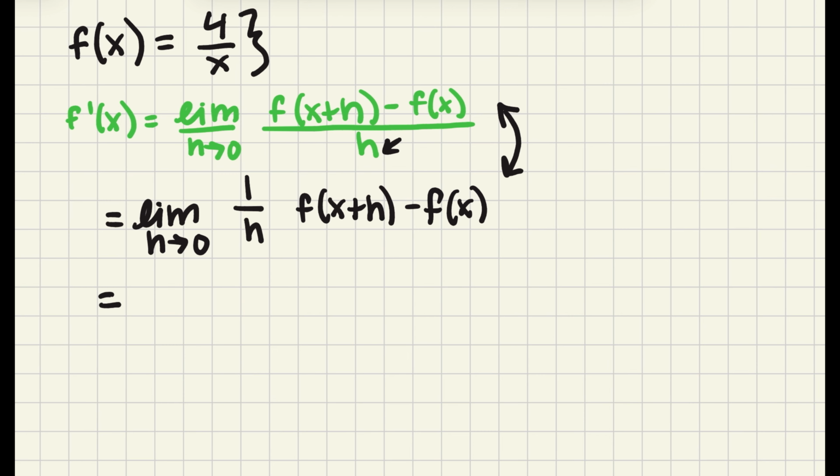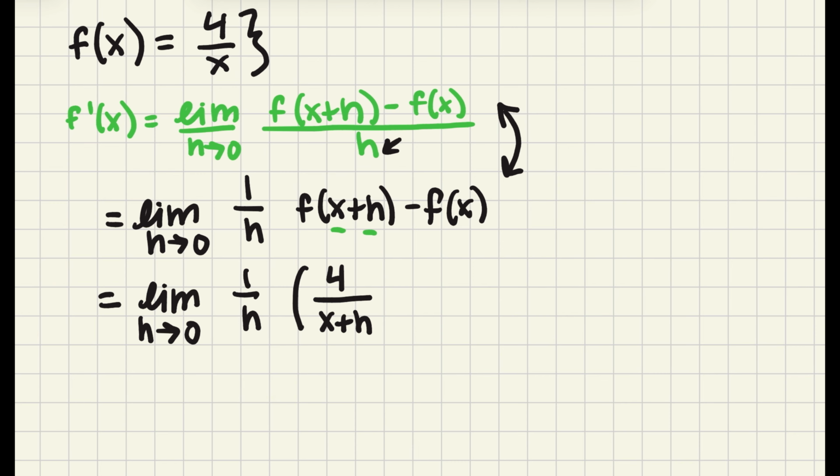So again, anywhere that we see an x in our original function, we're going to add that extra h. So let's go through that. Okay, 1 over h times 4 over x plus h.